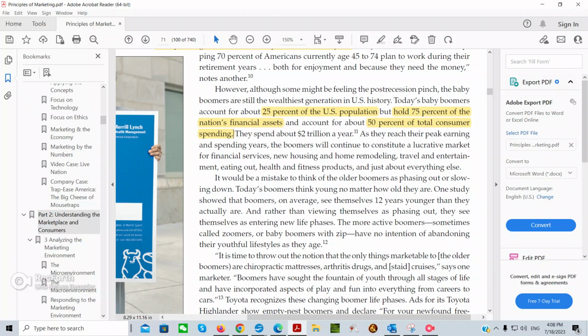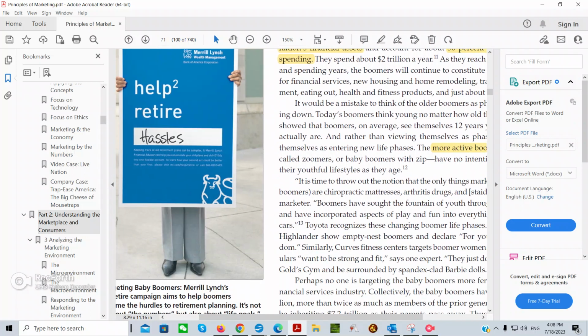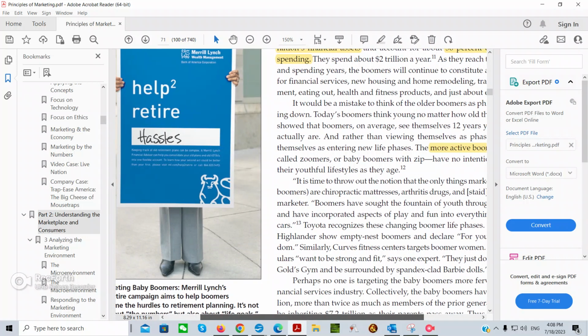One study showed that boomers on average see themselves 12 years younger than they actually are. And rather than viewing themselves as phasing out, they see themselves as entering new life phases. They are more active baby boomers, sometimes called Zoomers. Boomers with zip have no intention of abandoning their youthful lifestyles as they age. Well, it depends on the person, right?